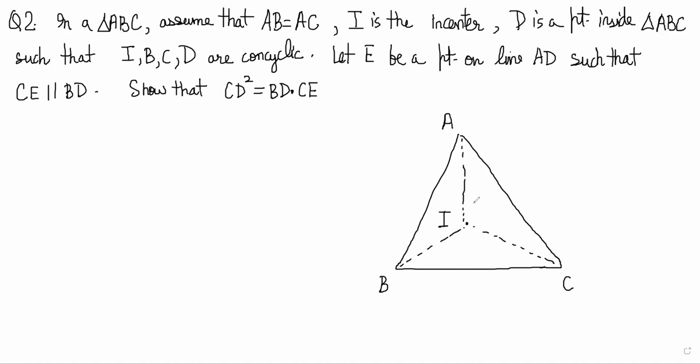So let's try and draw the circle through this. And let's label D as a point here somewhere, right? I will just remove this circle now. So we have I here, D here, C here, and B here.